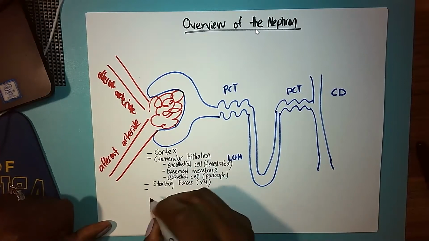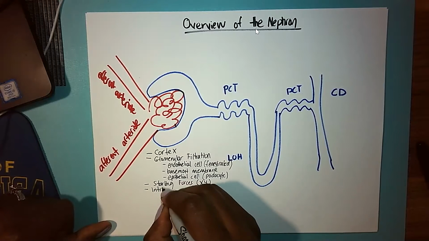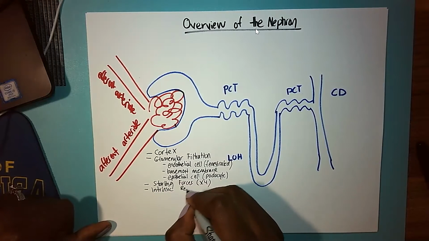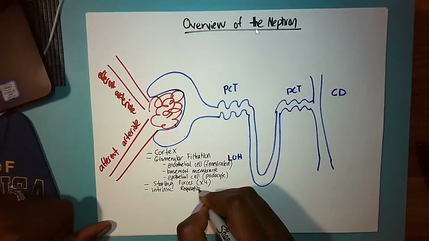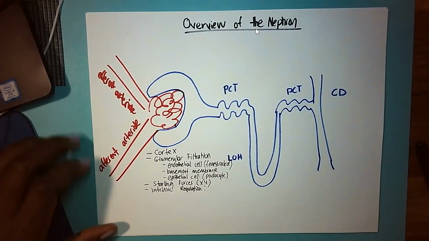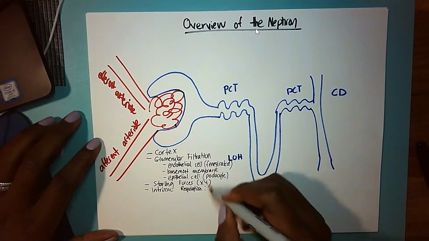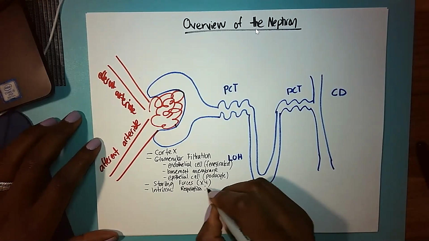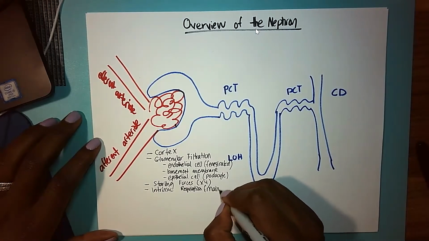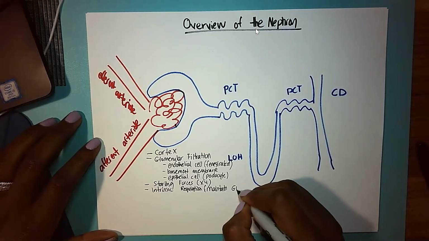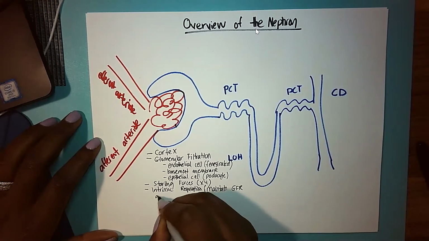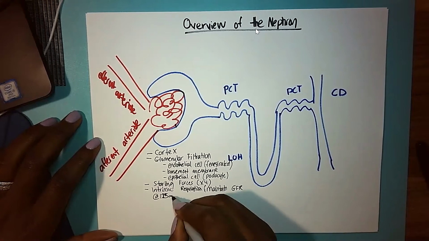Okay, let's talk about the intrinsic regulation. So remember that intrinsic regulation takes place here. There were 3 mechanisms that we described, and this is basically what maintained GFR at 125 milliliters per minute, right?